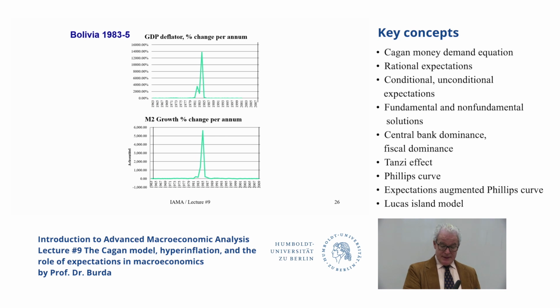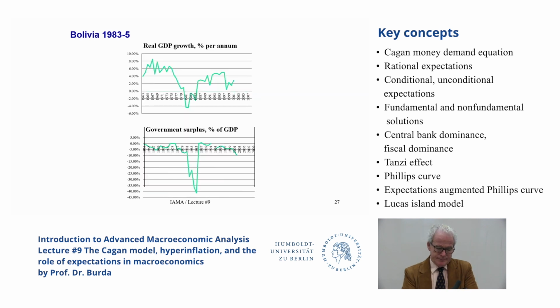And you can see that at these high rates of inflation, the Cagan model is a pretty good predictor of what's going on. At the same time, GDP was not growing anymore by 1980, and it was actually shrinking because of this collapse of the relative prices of these primary commodities that Bolivia had done quite well with in the 1970s.